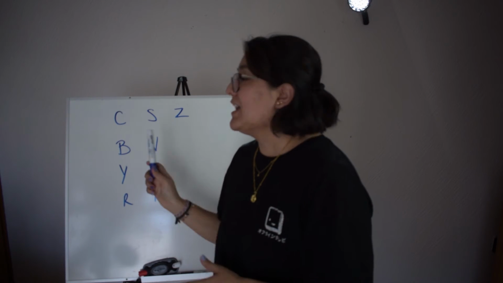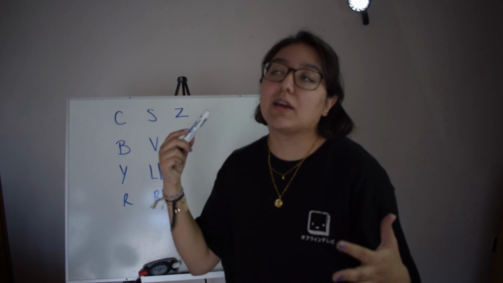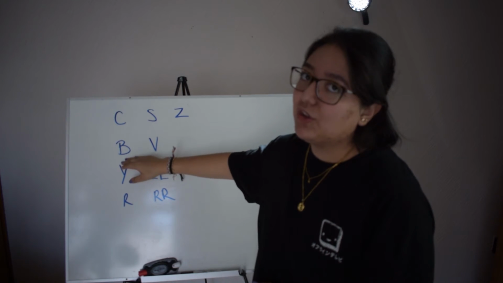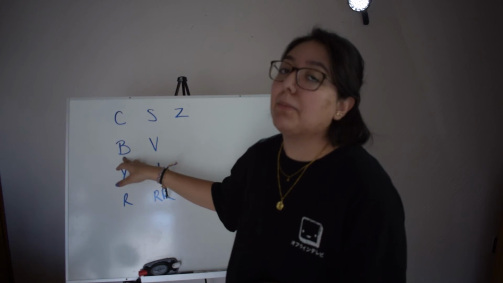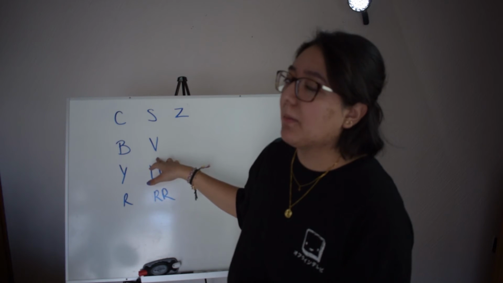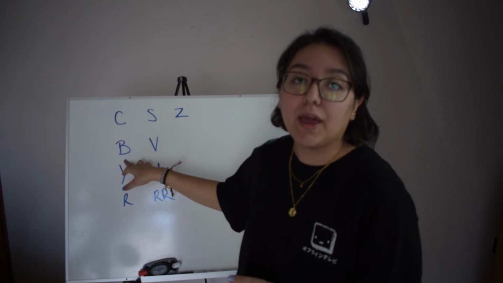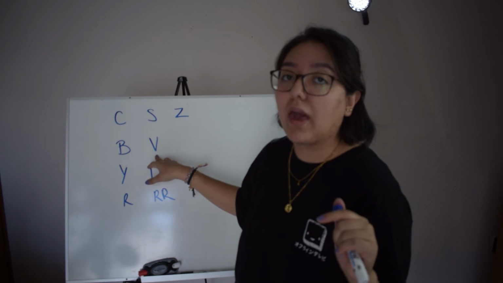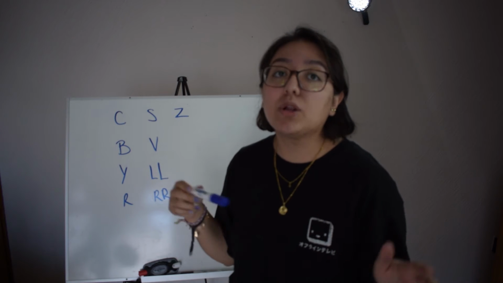Now we have in English, again, as I said, if you're an English native, you call these two differently. So it's B and V, but in Spanish it's the same sound. B, B, and V, V. Do you remember the vowel U?